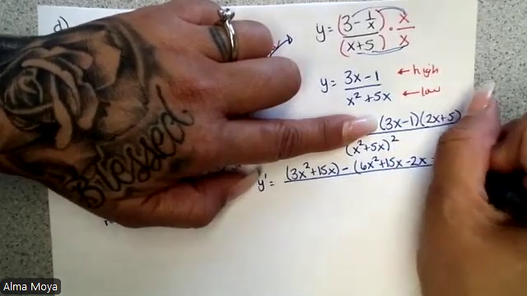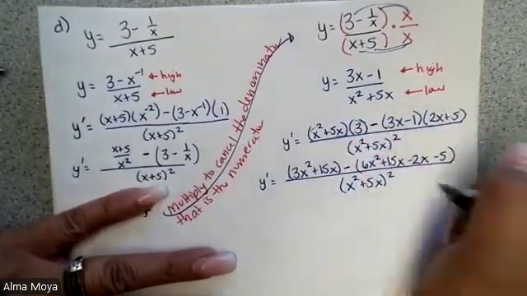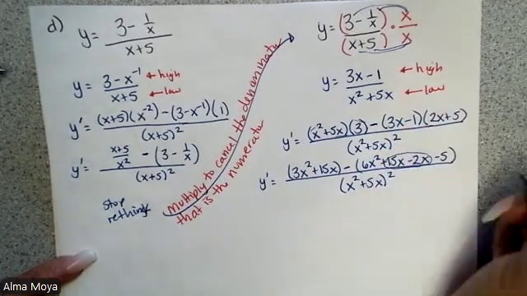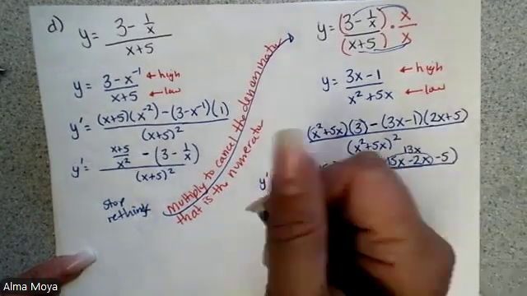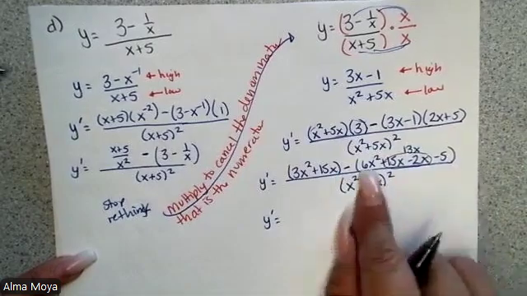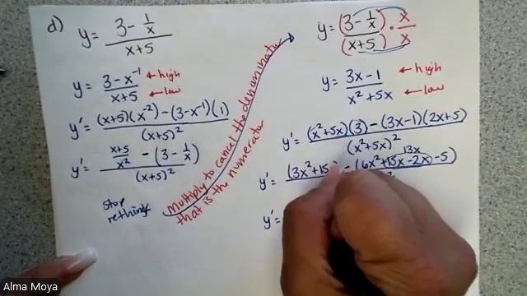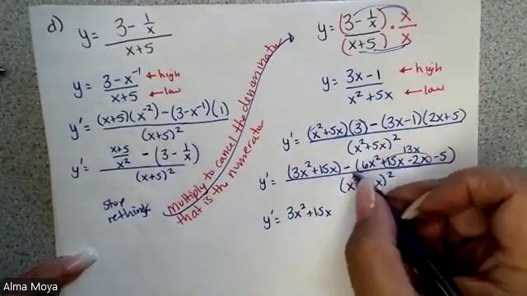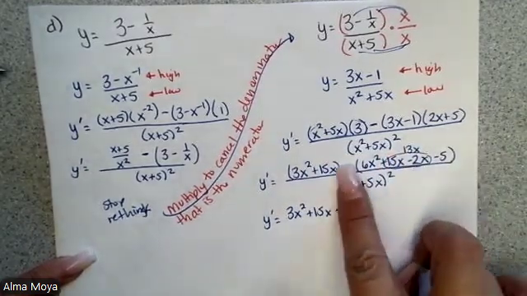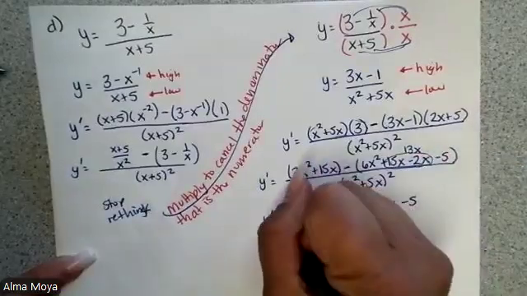Negative 1 times 5 is negative 5. Now, keep in mind, these are like terms. That's technically just 13x. Now I'm going to distribute the negative to all the terms on the right side. So here I have a 3x squared plus 15x. That's going to give me a negative 6x squared. Now remember, that's 13x, so a negative times positive 13x is negative 13x minus 5.